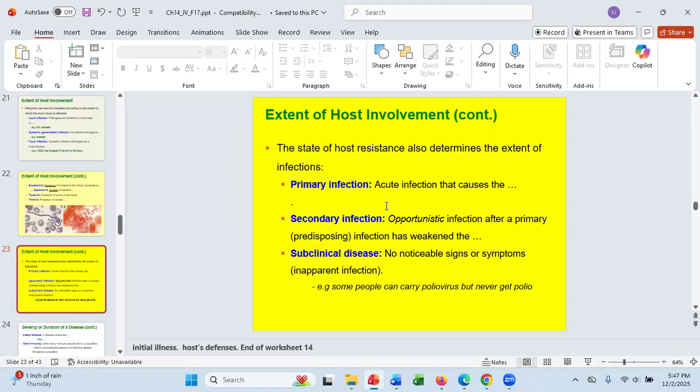So they have a COVID-19 infection, but they don't know that they have it because they have no signs or symptoms. Apparently, COVID-19 is doing so little damage to the body that the patient has no signs or symptoms. The trouble is, this patient can then spread COVID-19 to someone else, like their grandparents, to whom COVID-19 could be a very serious disease. Any questions about primary infection, secondary infection, and subclinical disease?